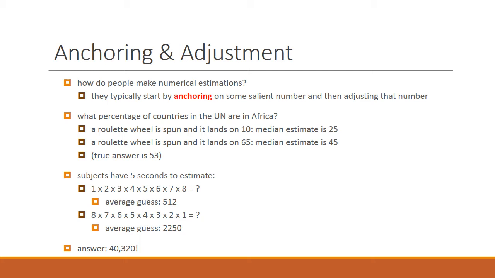But the correct answer is much larger than either of these. So it seems like people are doing the first 1 times 2 times 3 times 4, and then sort of run out of time. So their judgment is lower because they're anchoring on the number that comes up from those first couple of numbers they multiply. That causes the average guess to be higher in that second equation. So it seems like we're starting at this initial number that's provided to us and adjusting a little bit from there. And that seems to be biasing our judgments.